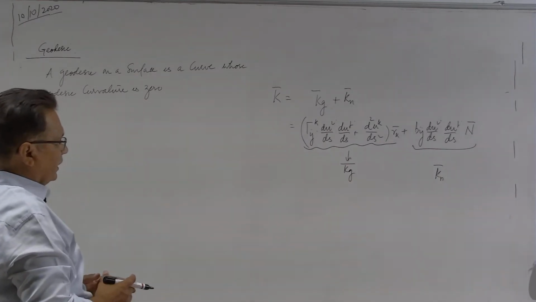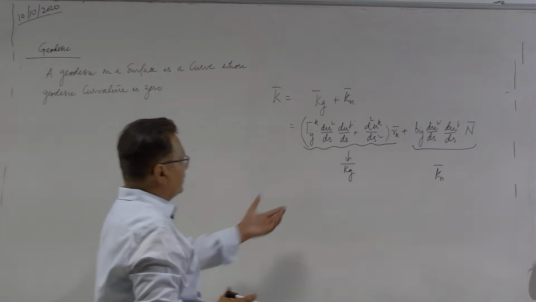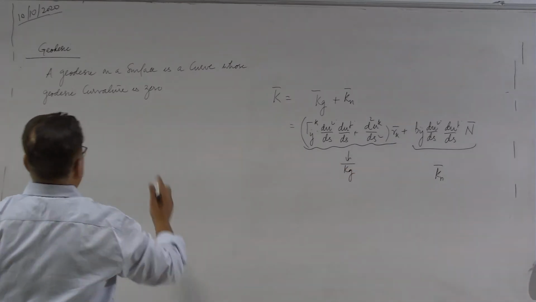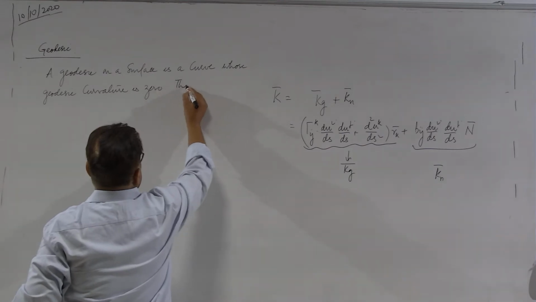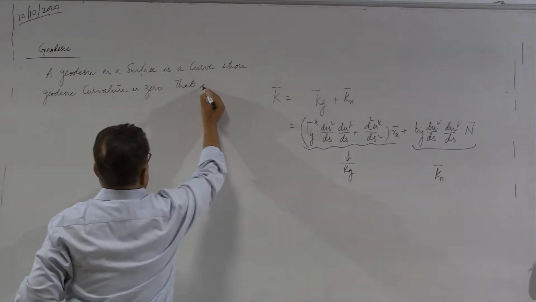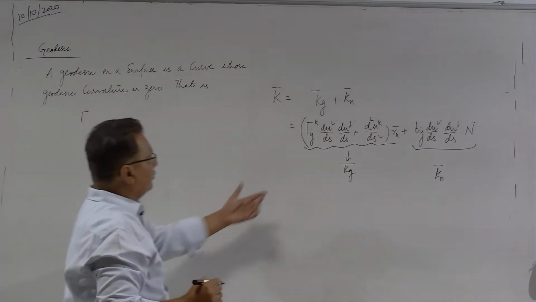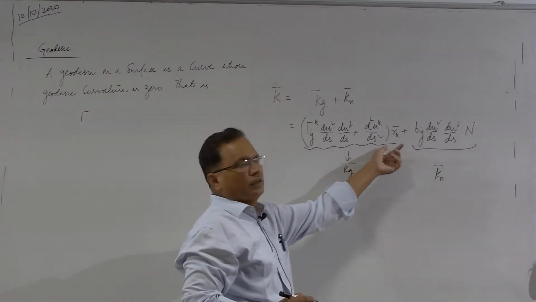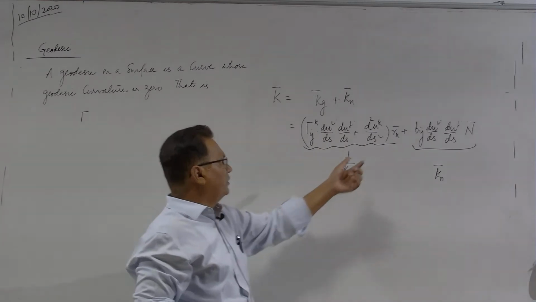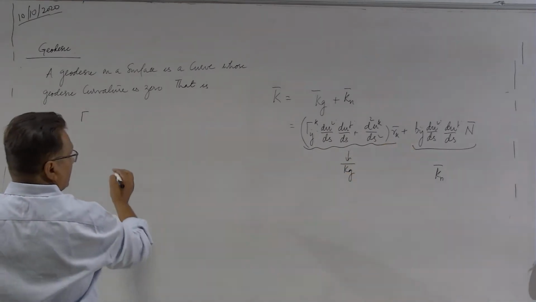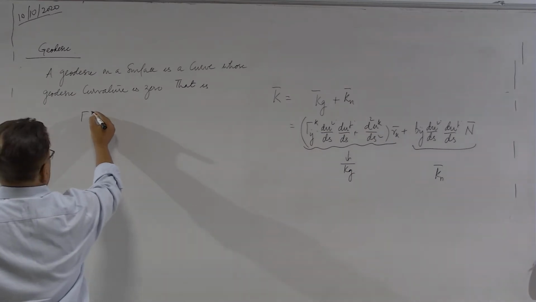If some curve is a geodesic, then this part must be 0. So, this vector equal to 0 means the scalar multiplying it must be 0, because these are non-zero and independent vectors as well.